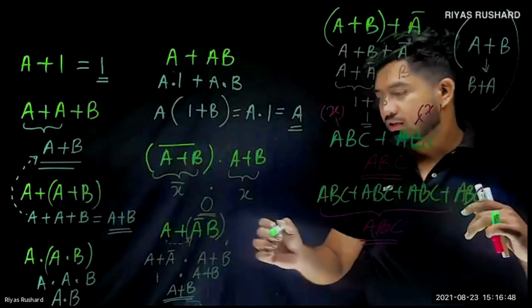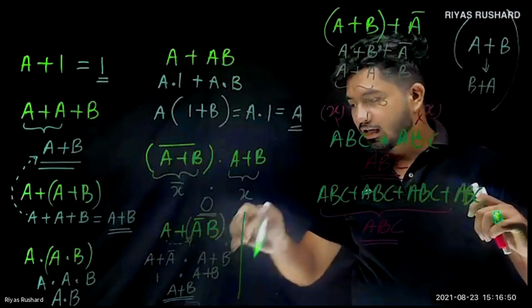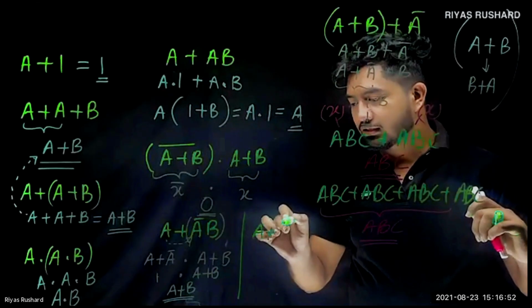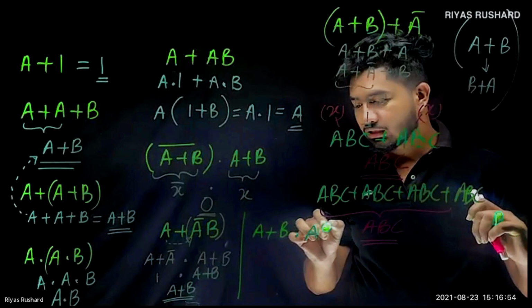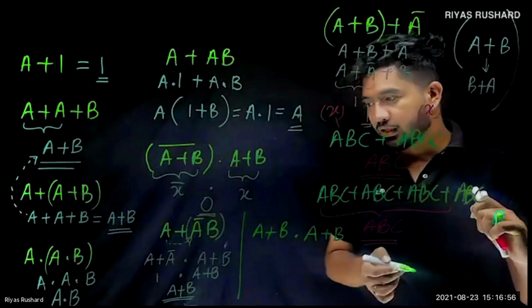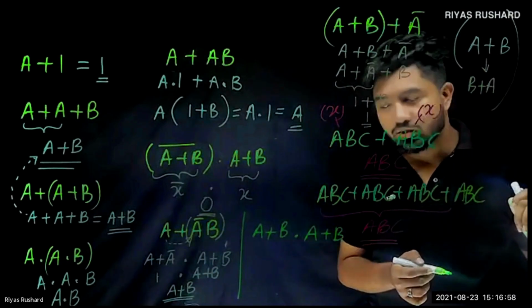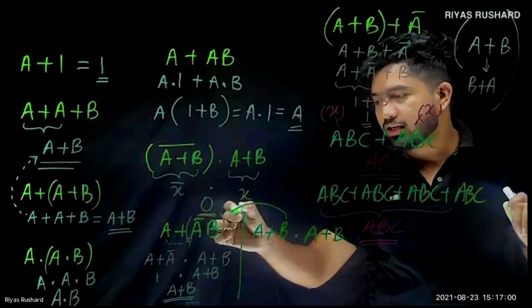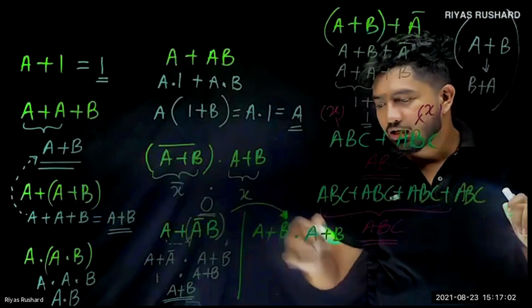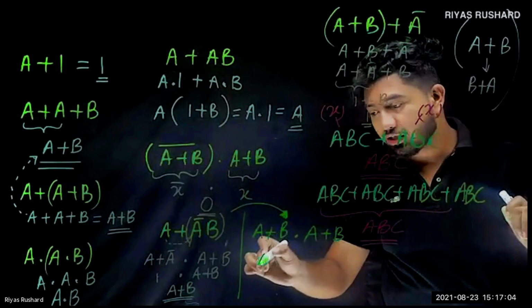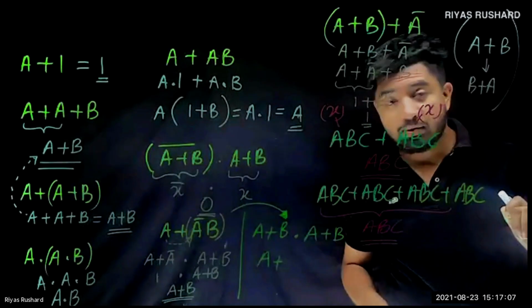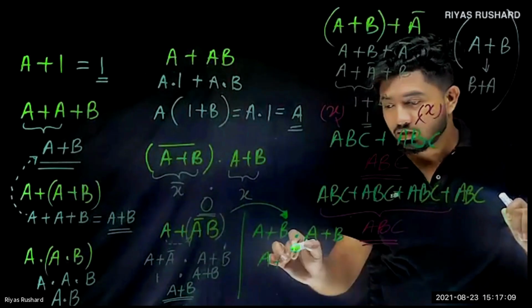What did I do here is, if I have something like this, I can take the common factor out. I can take A out, and the plus sign stays outside.